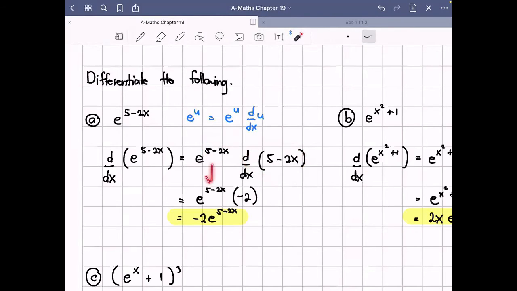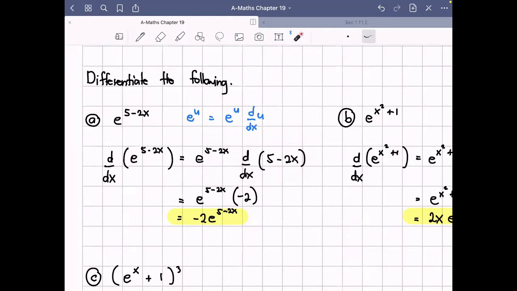Bring down this, and then get the derivative of 5 minus 2x. The derivative of 5 minus 2x is just -2. So you just multiply this, and that's why you get -2 e raised to 5 minus 2x.